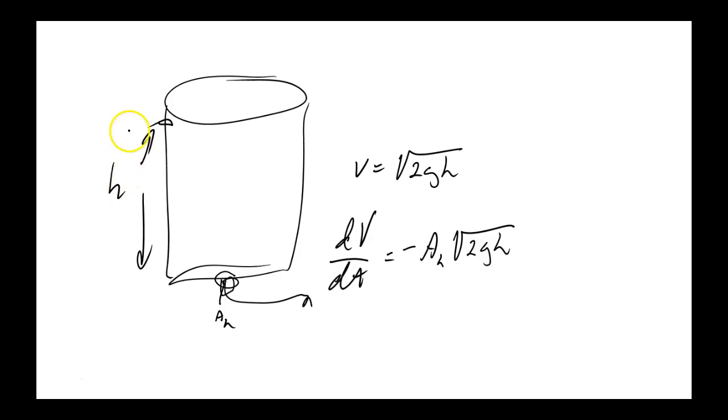If you were talking just about height being your variable, not the volume of the tank, the volume is the area times the height. If this is a regular tank, a right circular cylinder, and the area is constant, then this would be the cross-sectional area of the tank, A_W, times dh/dt, because the height is the only variable decreasing here.